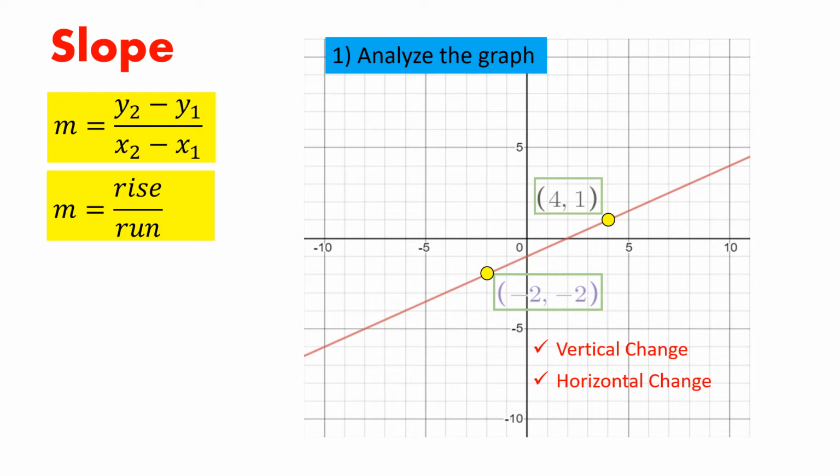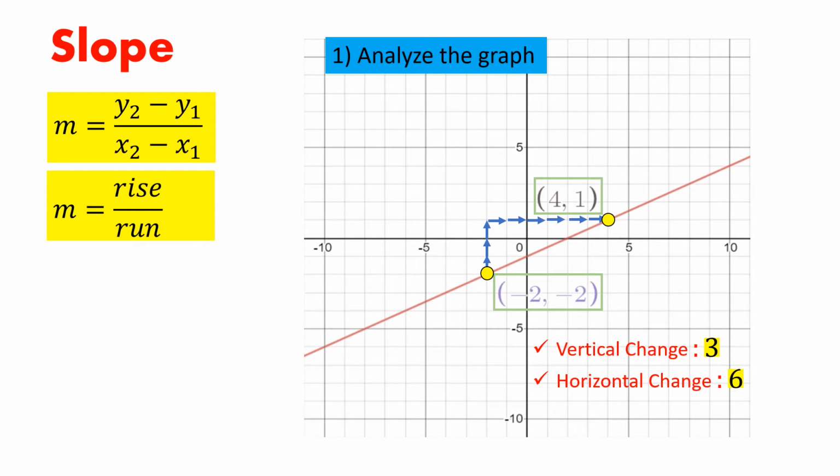Notice that if we move from -2, -2 to the point 4, 1, we would have to move 3 units up and 6 units to the right. So, the vertical change would be 3 and the horizontal change would be 6.